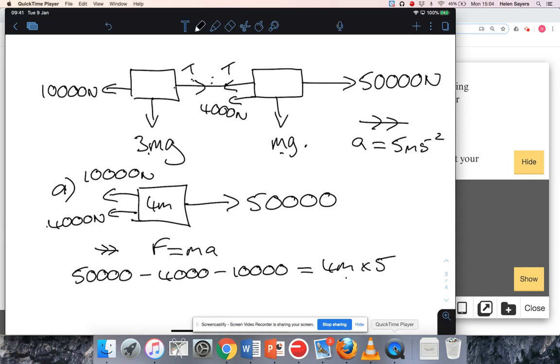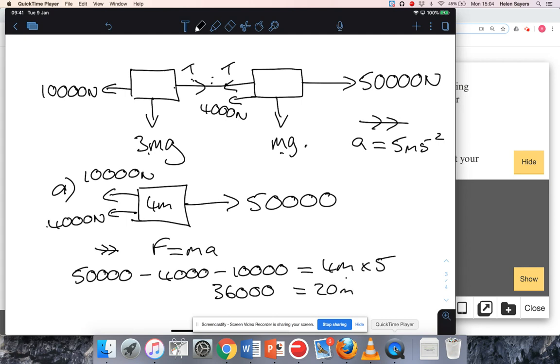So 50,000 minus 10,000 minus 4,000 is 36,000. That sounds okay. And that equals 20m.